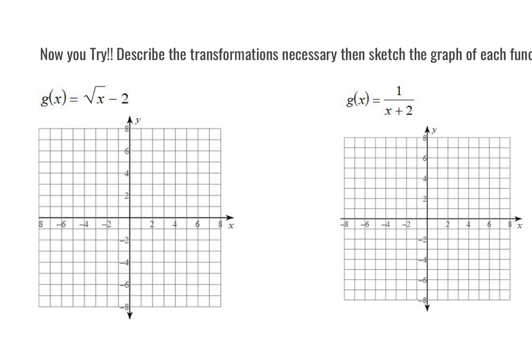You want to take a minute, try to draw the transformations of this graph, and then press play to see if your answer is correct. Pause your video now. So this is my square root function. I'm going to draw my parent function: the square root of 0 is 0, the square root of 4 is 2, the square root of 9 is 3.